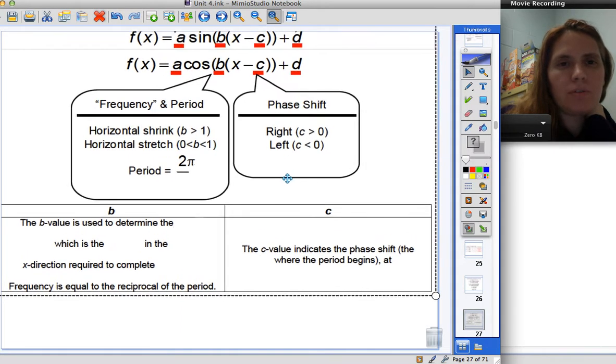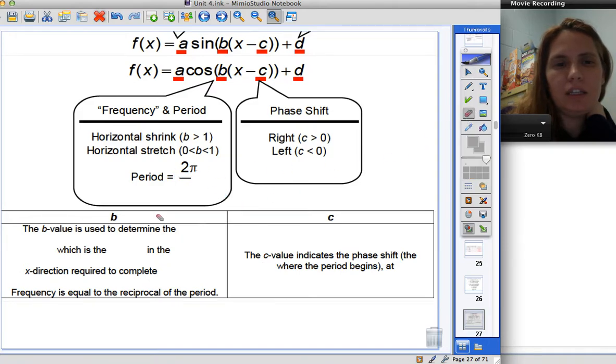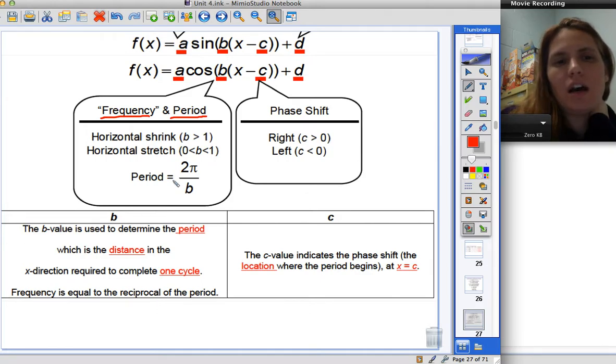Remember with sine and cosine, your period length is 2 pi. Let me erase the rest of this. Okay. So we'll get into frequency and how your B value affects the period more in class.